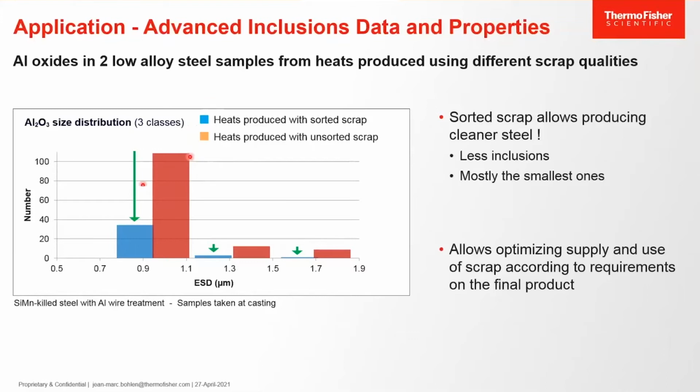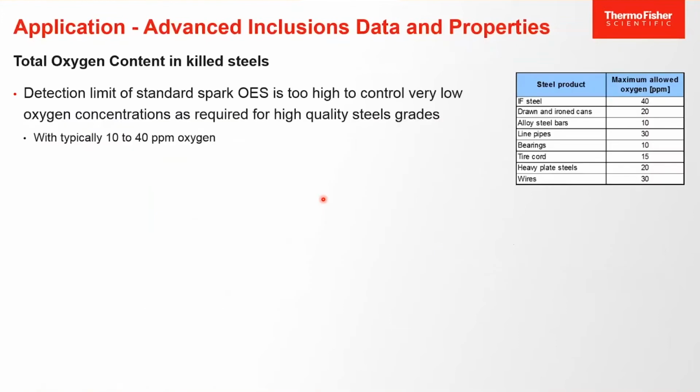So considering this, you can make very interesting things. When purchasing scrap, you can dedicate the best scrap for the best steel quality or grades and use the lowest quality of scrap for less demanding applications and customers. So this is also a way to adjust your cost.